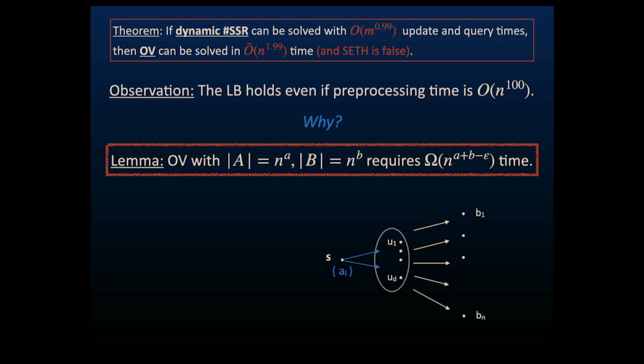So why is that true? This is like the general trick I was talking about before. It is useful to know that the SETH lower bound is not just quadratic. It's really parameterized by the sizes of the two sets.